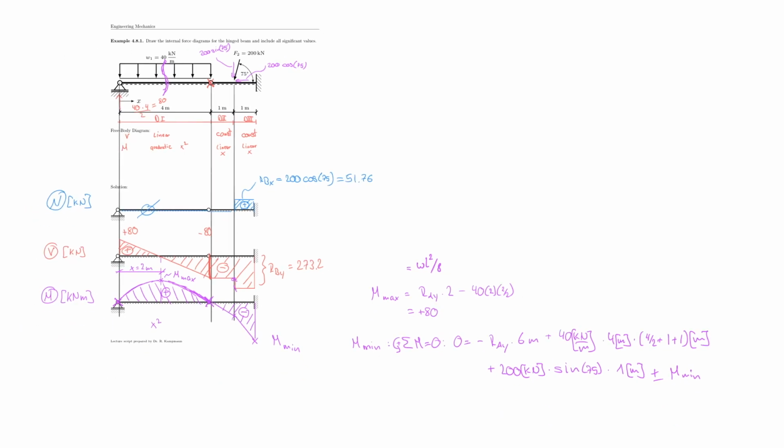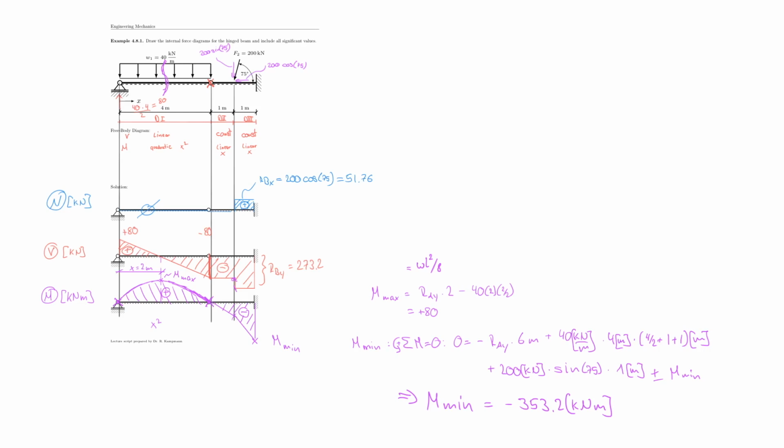And when you do that, you will find that M min is really the support reaction at that location, which happens to be 353.2. So therefore M min is equal to minus 353.2 kilonewton meter.